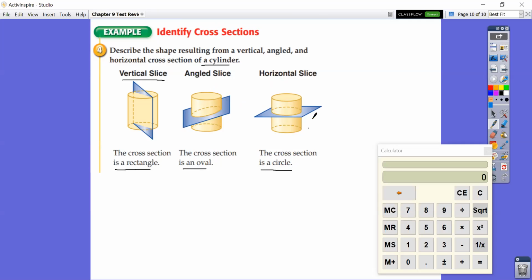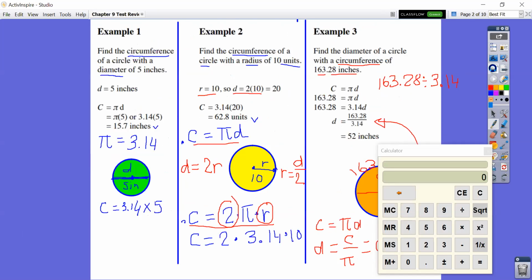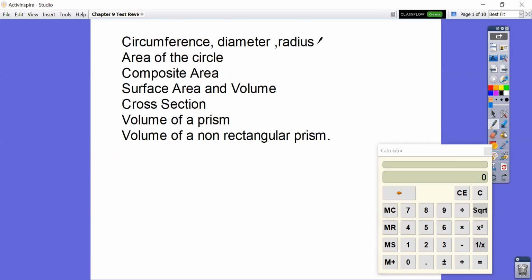Okay, so please watch our video lessons to know more about everything we need to know on chapter 9. Okay, so these are the ones that you need to be familiar with: circumference, diameter, radius, area of a circle, composite area.